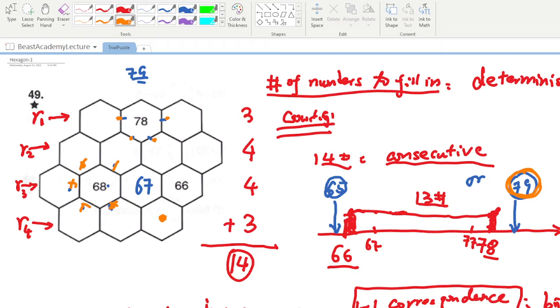So if you fill 69 here and 79 somewhere here, this cell doesn't have any number to fill in. Any questions on this analysis? No. So what does this mean? This means which number we should add, either 65 or 79, based on our analysis?